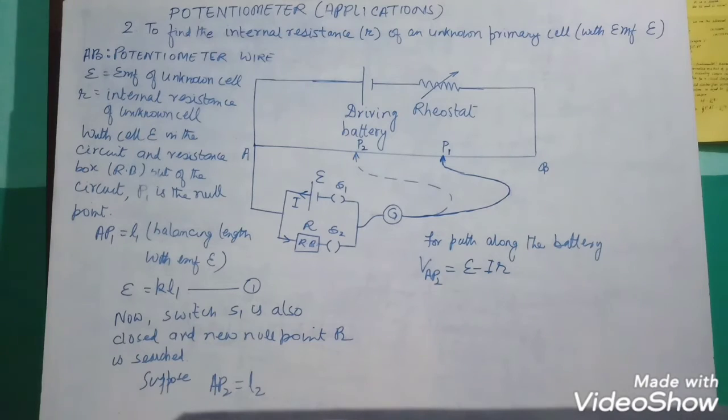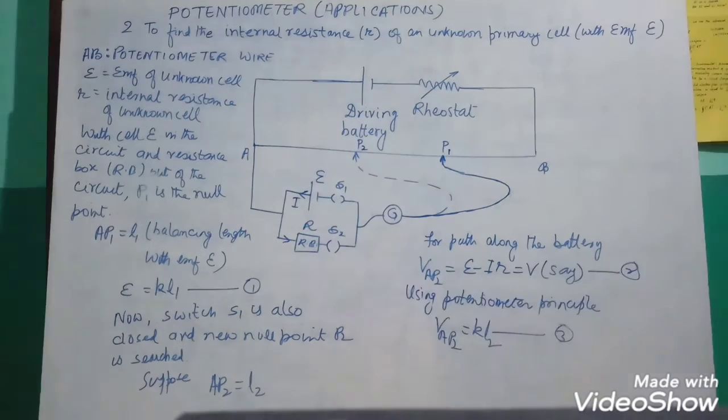So students, for the path along the battery, the potential difference between points A and P2 will be equal to E minus Ir, which is the potential difference across the battery terminals. Now we have represented the potential difference across the battery terminals by symbol V. Also, by using the potentiometer principle, we can say that the potential difference between points A and P2 will be equal to KL2 because L2 is the new balancing length.